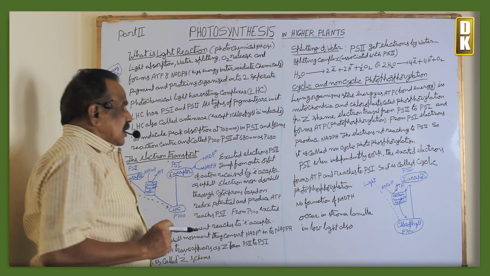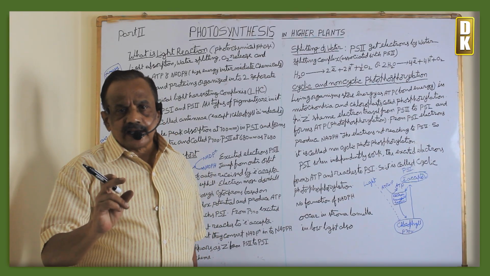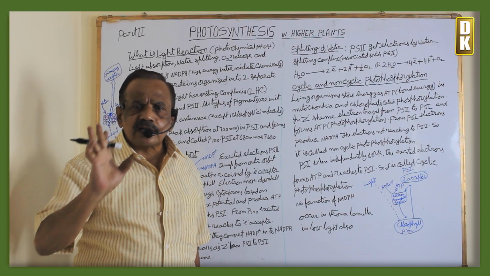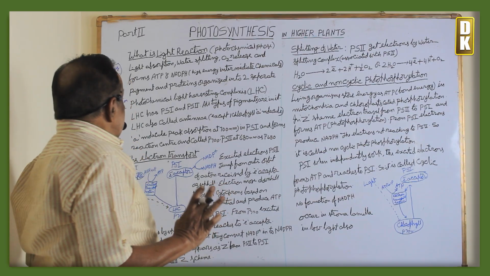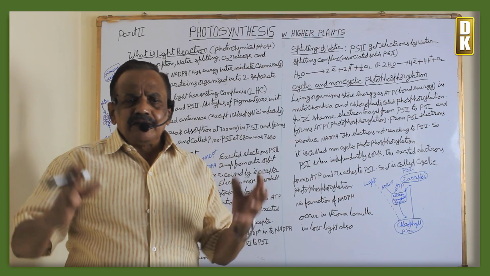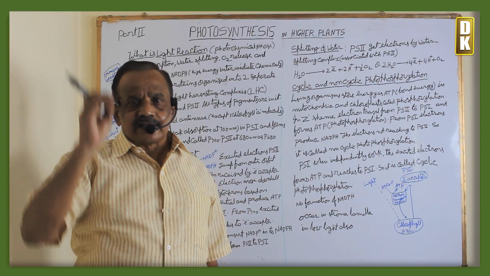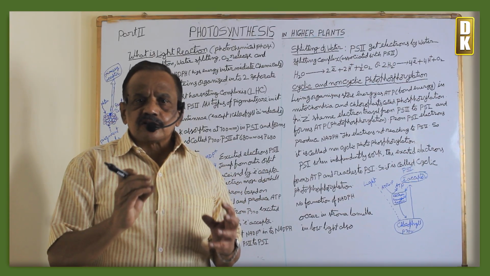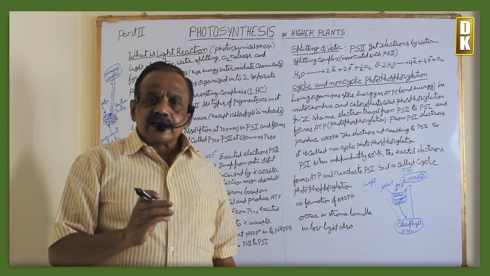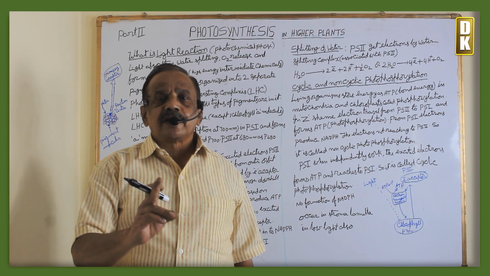Next, the light absorption is done by the pigments, as all of you know. The pigments are not present as a cluster; they are present as small units in the chloroplast, in the thylakoid membrane.